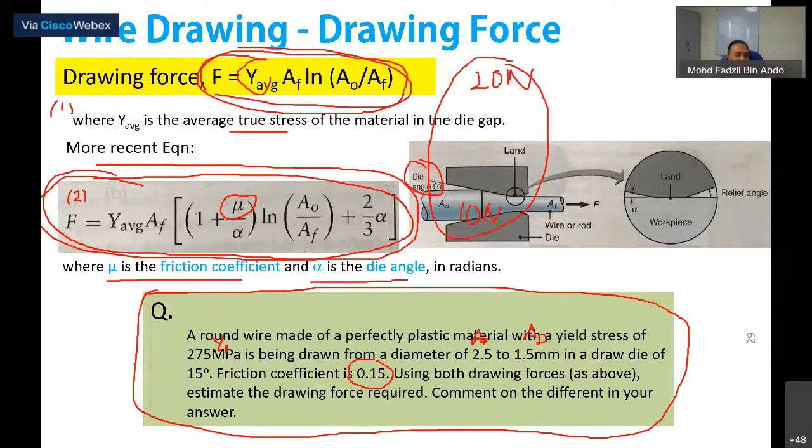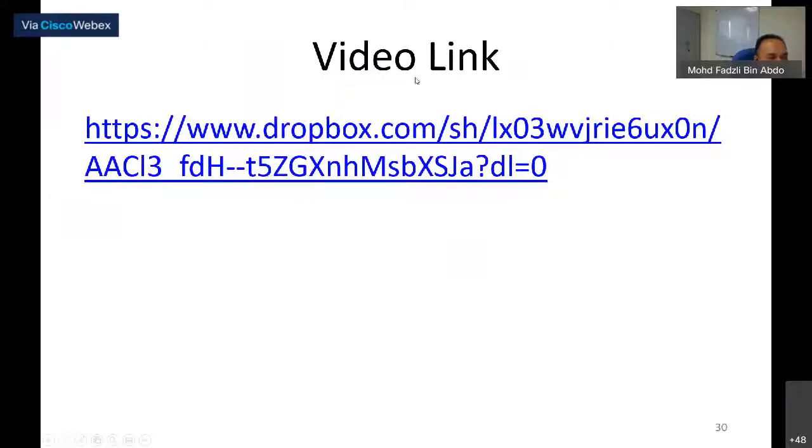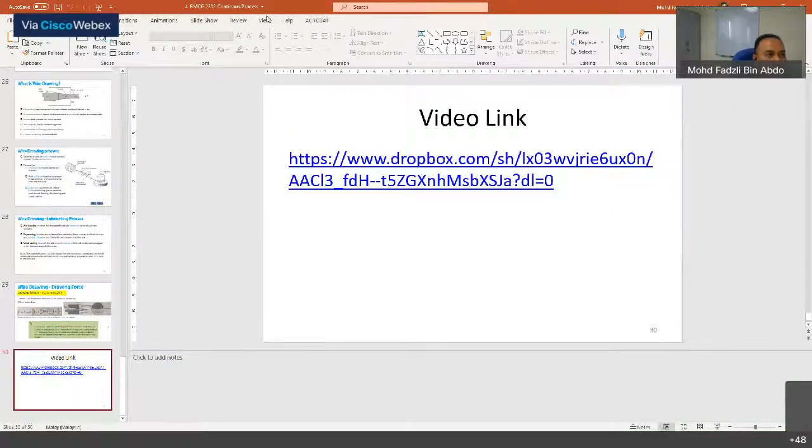Tapi bukan saya nak suruh you buat sekarang benda ni. Benda ni you pergi dekat YouLearn. Saya tunjuklah YouLearn. Sebenarnya kita dah habis dah.